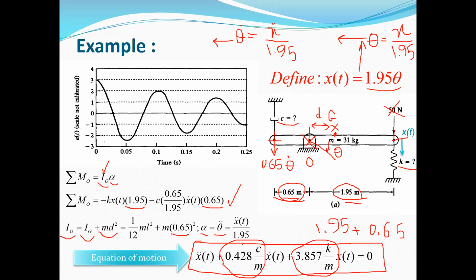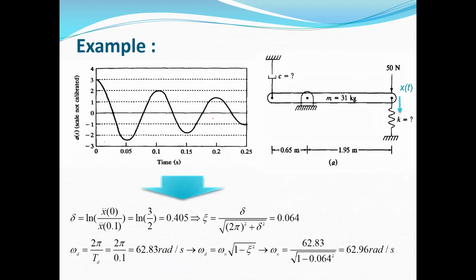So we need to obtain first the natural frequency by using this graph and also the damping ratio. So next step, we need to obtain the damping ratio and the natural frequency for this system. Here you can see from this graph, we can obtain delta, which is ln of, as I told you, instead of x, we can substitute the acceleration because this graph is for the acceleration.